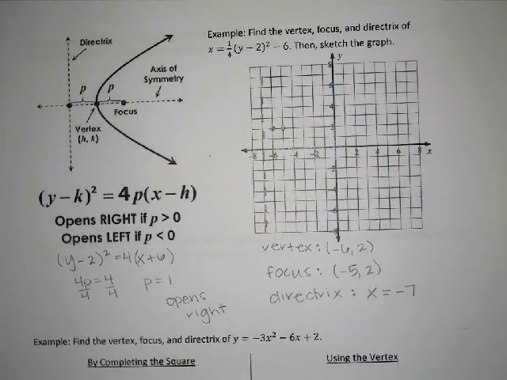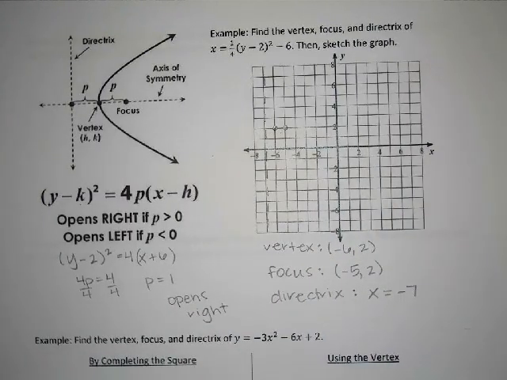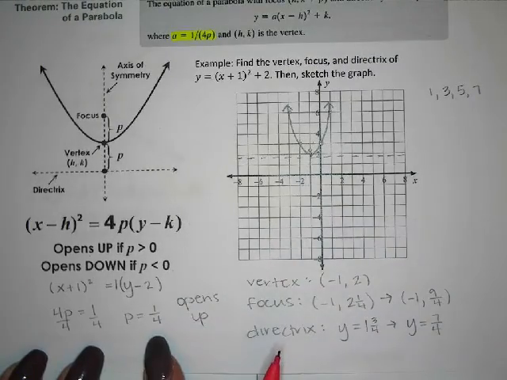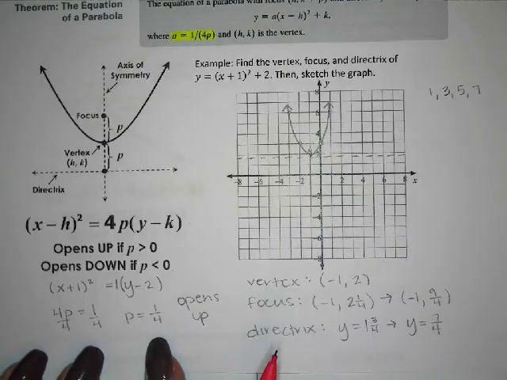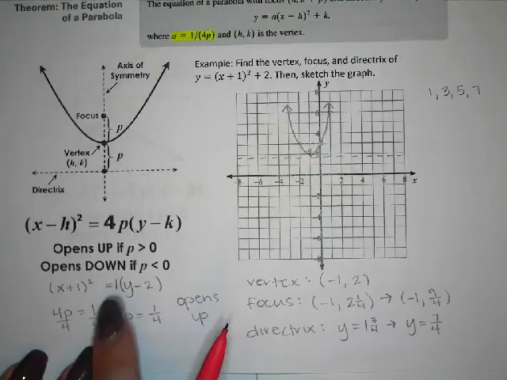Okay, so now I'm going to go back to my previous page of notes because I said something to you guys that was a little bit misleading, and I apologize for that. Okay, so for us to figure out what value it was that we were going to either stretch the graph or compress the graph, we're not using, this was coincidentally a 1, but we're not using the number as it is right here.